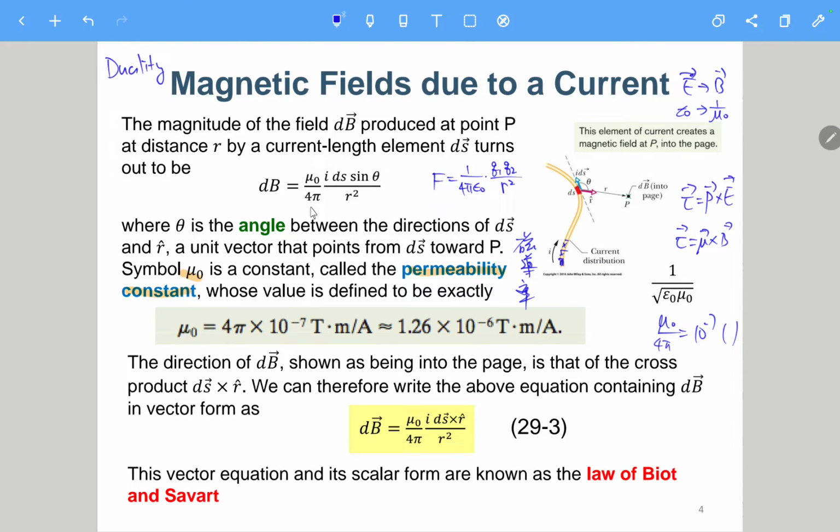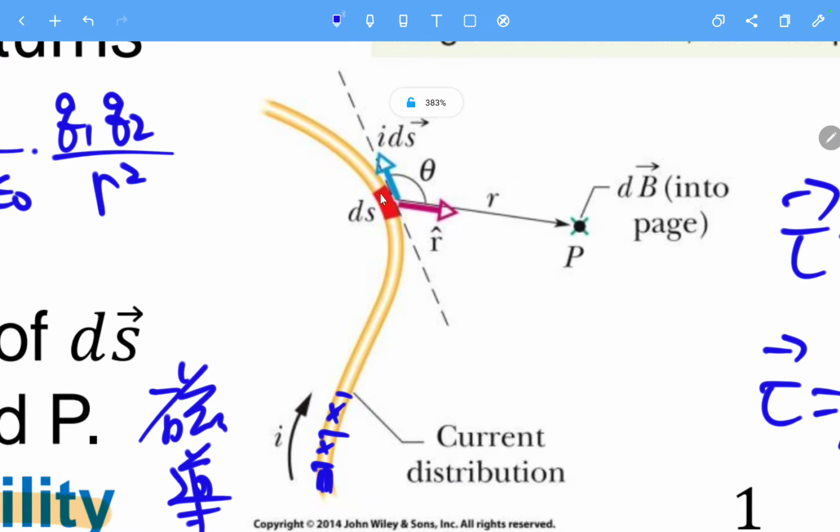So here we have mu naught over 4 pi, which is a constant, and then the current, nothing special. And then ds is the segment; it is the tangent line at this point, and follows the direction of the current. So this is ds.